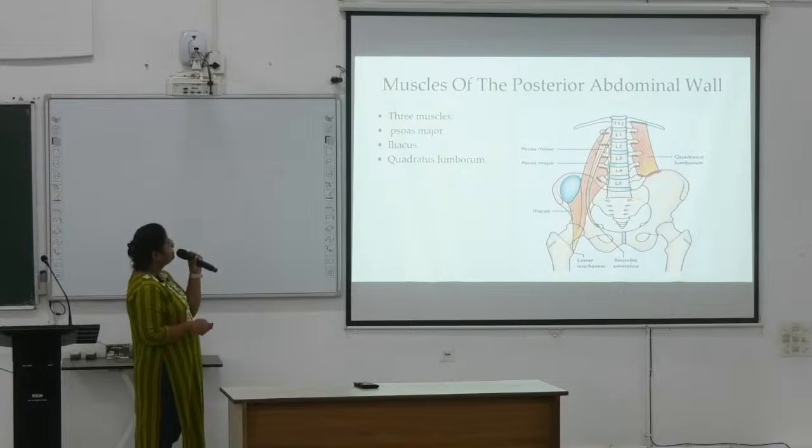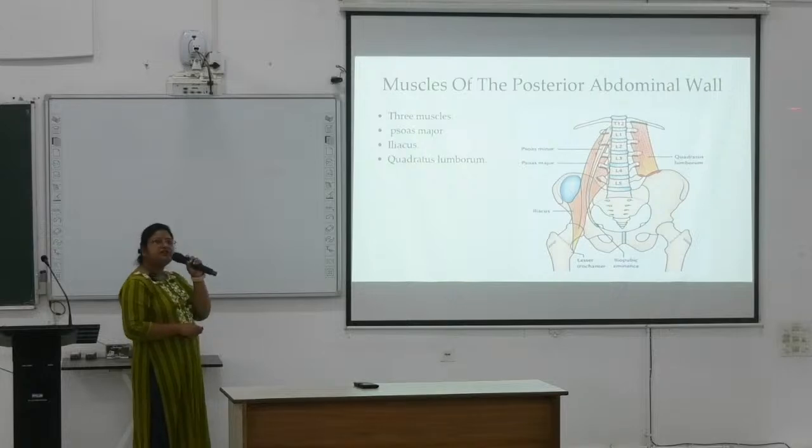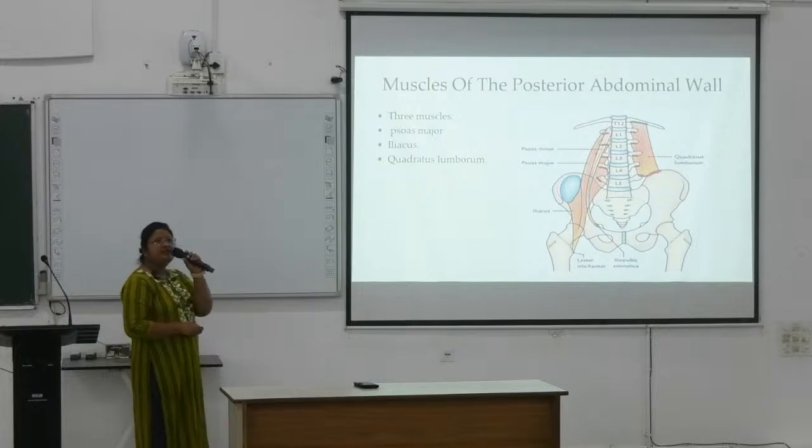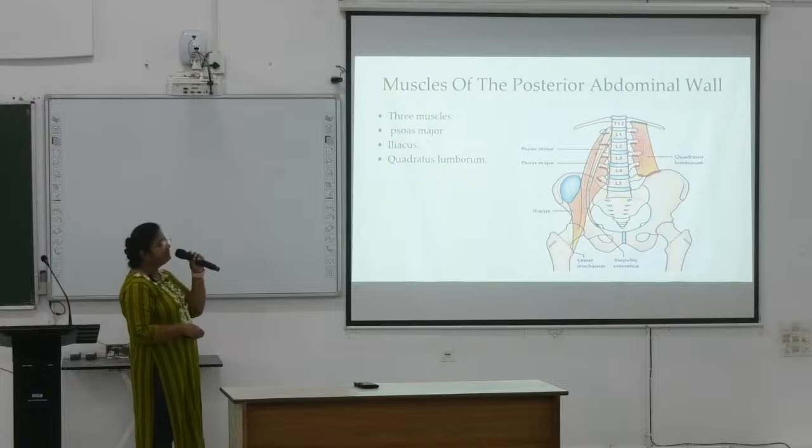So muscles of the posterior abdominal wall, 3 muscles are present. Psoas major, see here, this one is the psoas major. Iliacus, here in the iliac fossa of the hip bone, this is iliacus. Iliacus and psoas major together form the iliopsoas tendon, and it is inserted over the lesser trochanter of the femur.